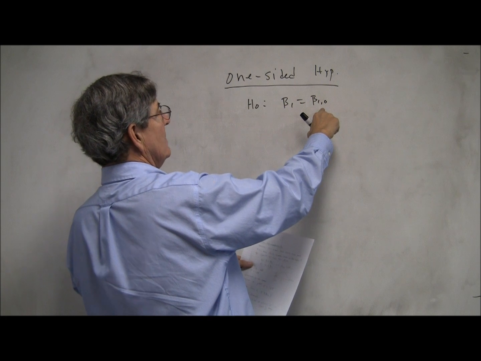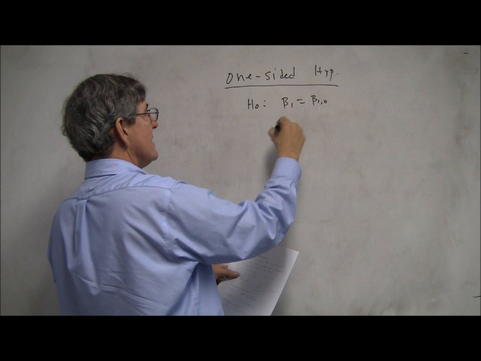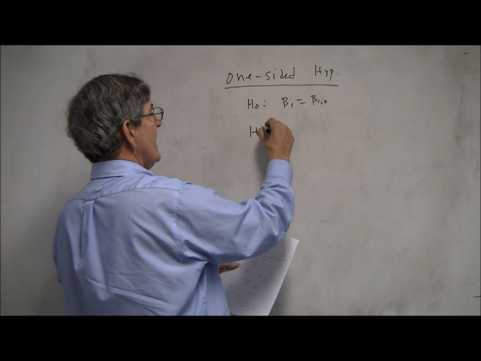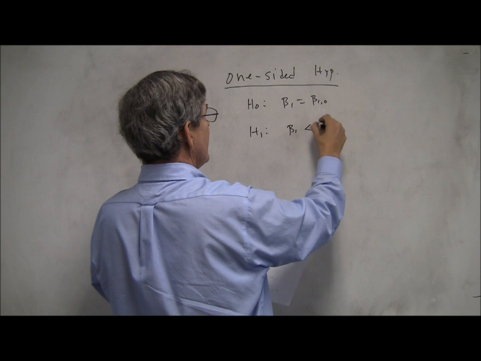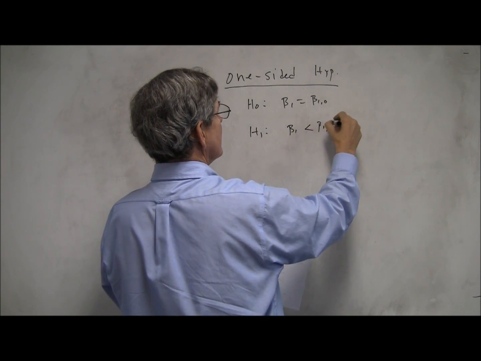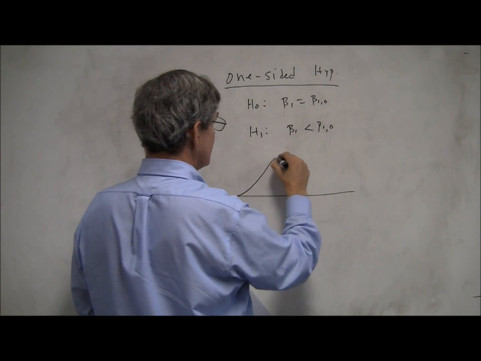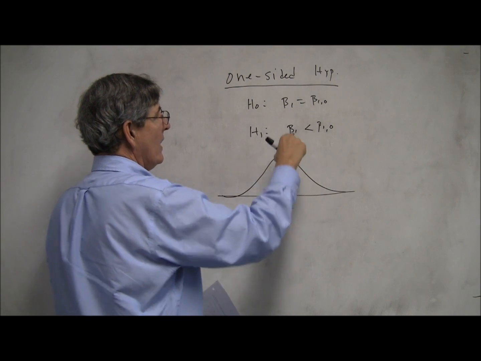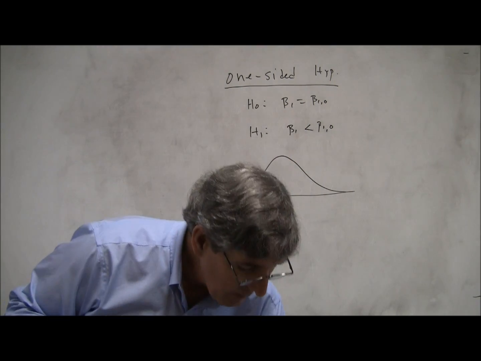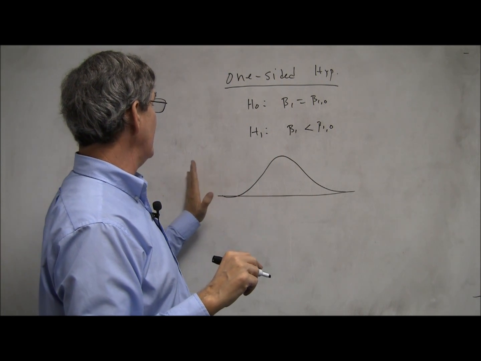Maybe this is 0, it doesn't matter; this is just some number, our hypothesized value, versus, say, H1, that beta 1 is less than beta 1,0. So in this case, rather than a two-tailed test, we have a one-tailed test. And when would we want to reject the null? We wouldn't want to reject the null unless beta 1 is a big negative number.